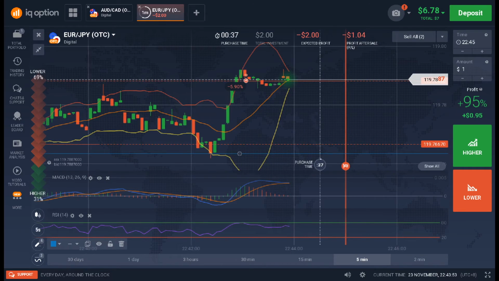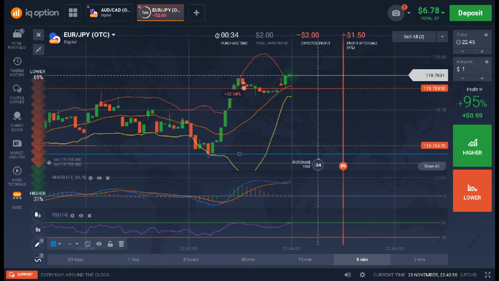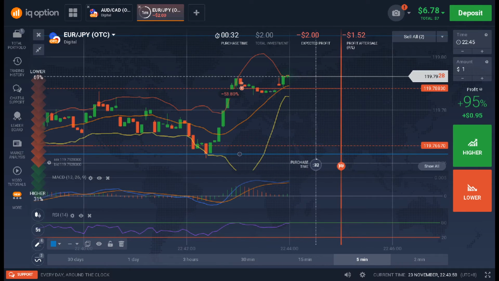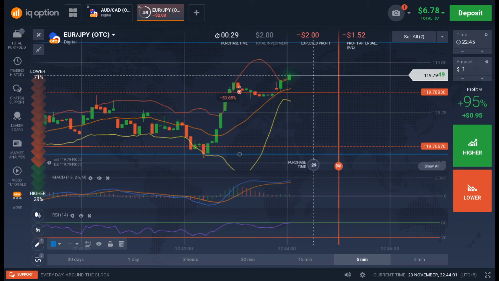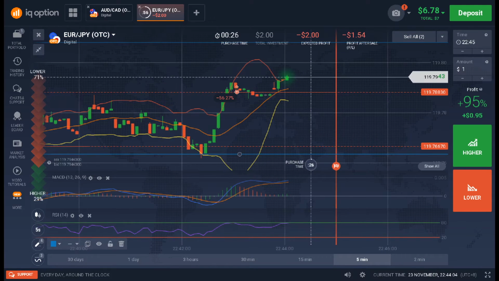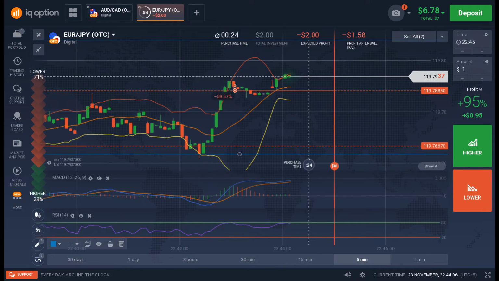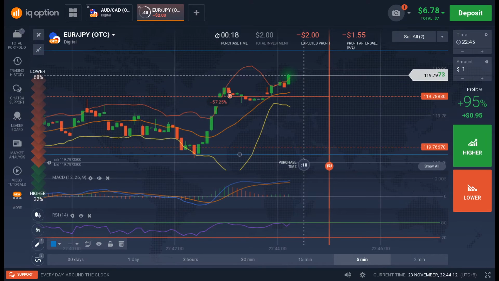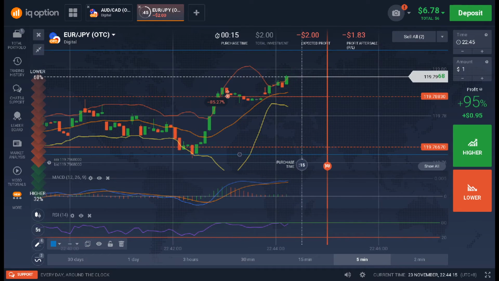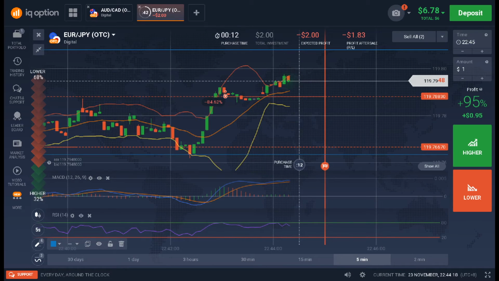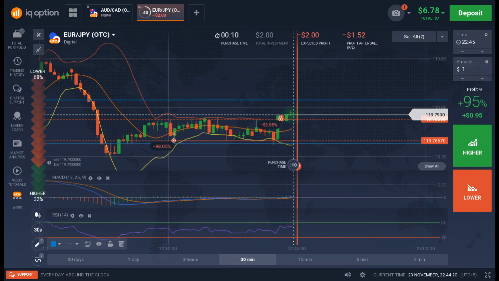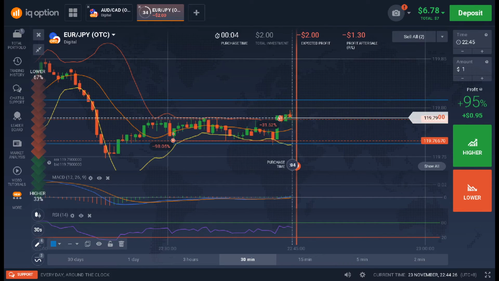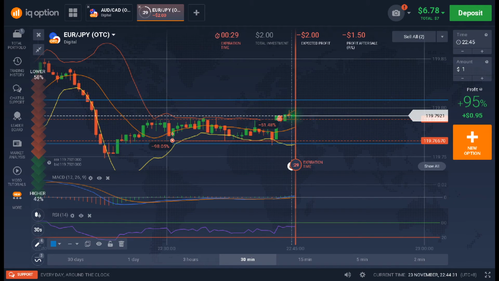Looks like it's about to do a breakout play. Sometimes your emotions influence your play most of the time. So this is not a good one. There was in fact a breakout play here. Let's just hope it ends within the direction we want. Otherwise, that's $2 off our credit.